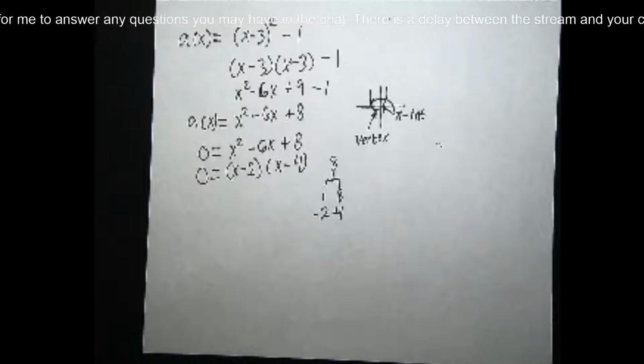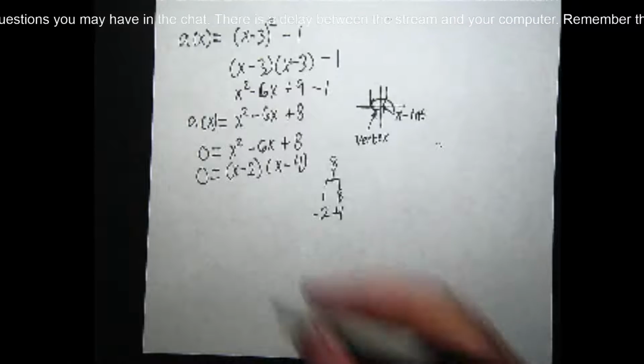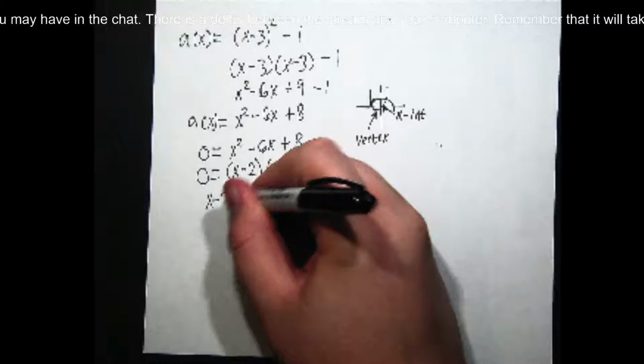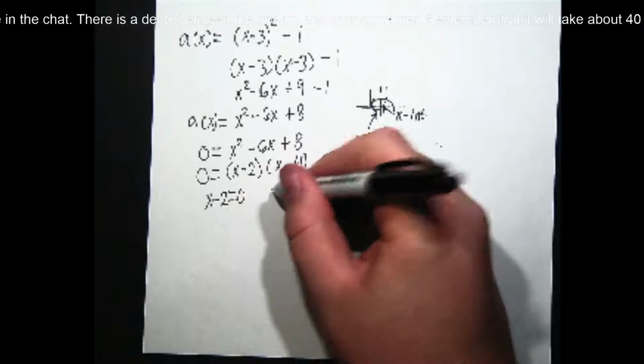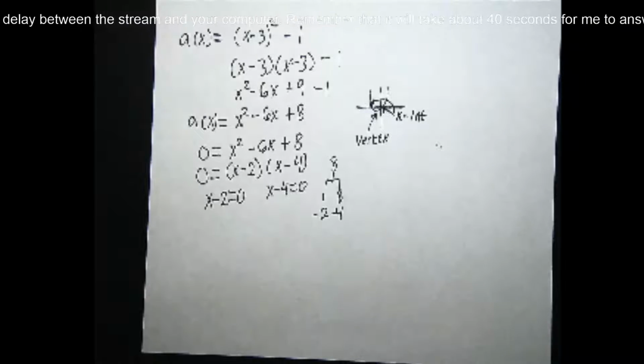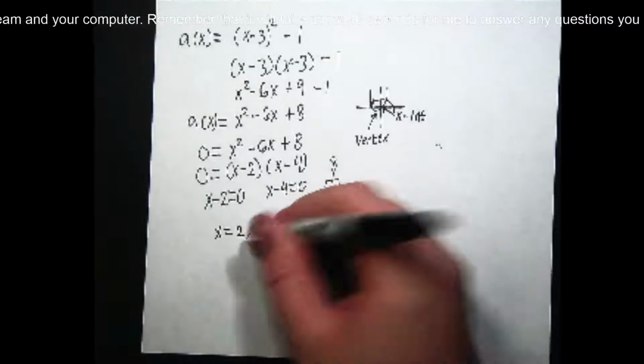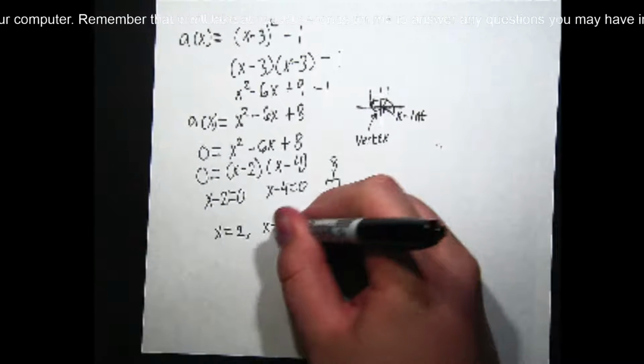All right, so now using our zero product principle, we can set each of these cases equal to 0. So x minus 2 could be equal to 0. x minus 4 could be equal to 0. Solve, and we get that x equals 2 and x equals 4.